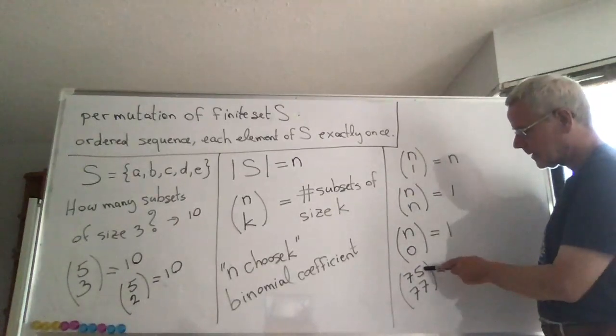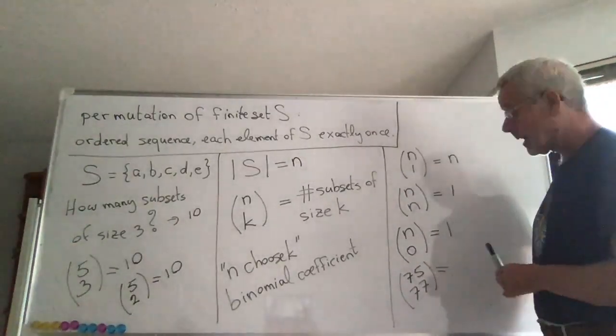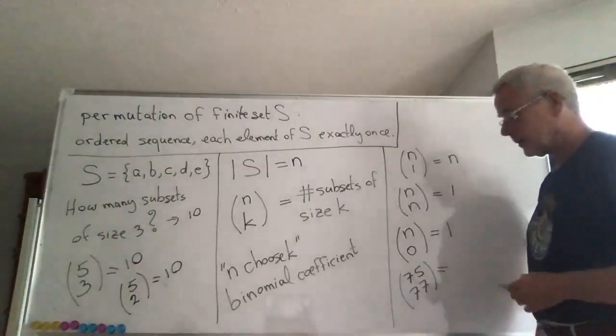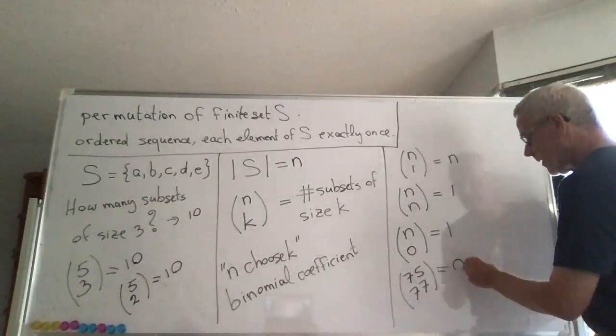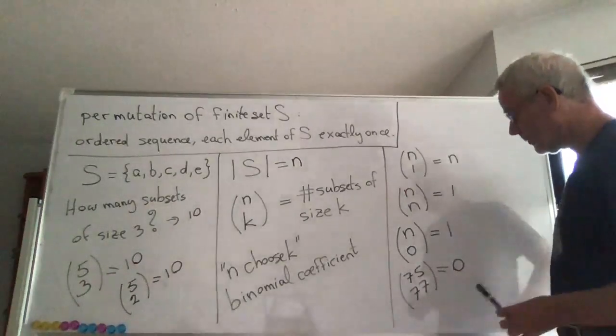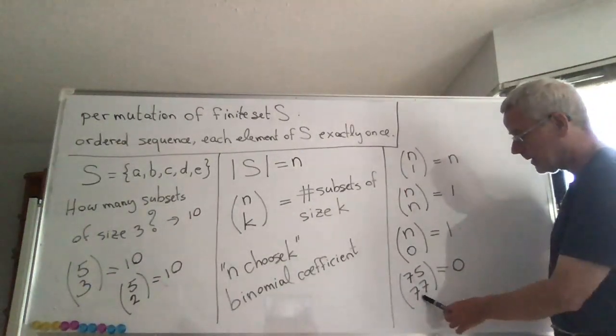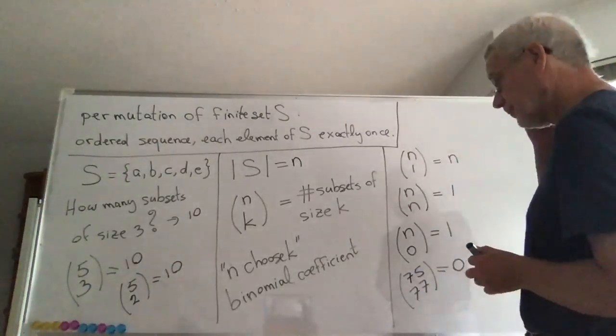Now if you have a set of size 75, then every subset has size less than or equal to 75. So here the answer is equal to 0, because it is not possible to choose a subset of size 77 out of a set of size 75.